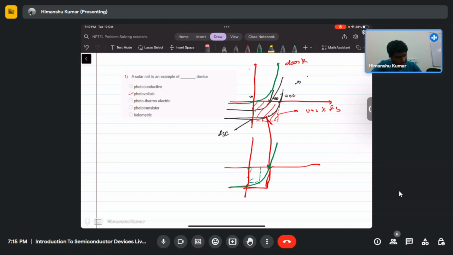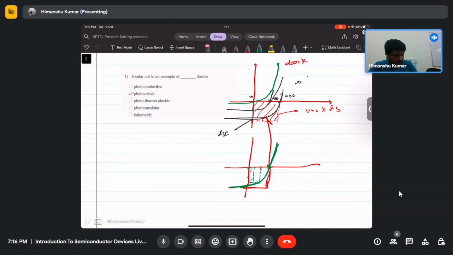At a particular intensity of light on the solar cell, this curve form will remain constant.